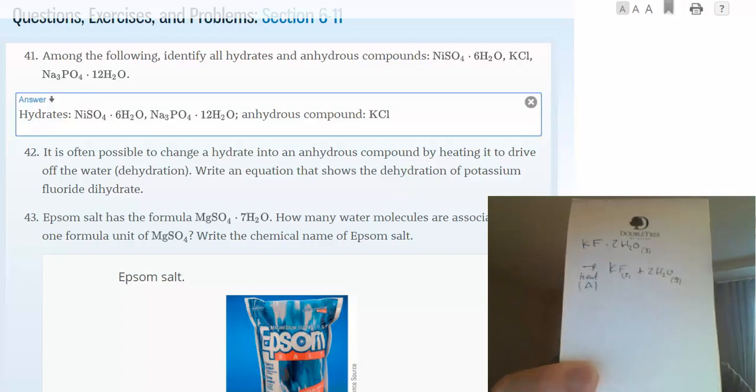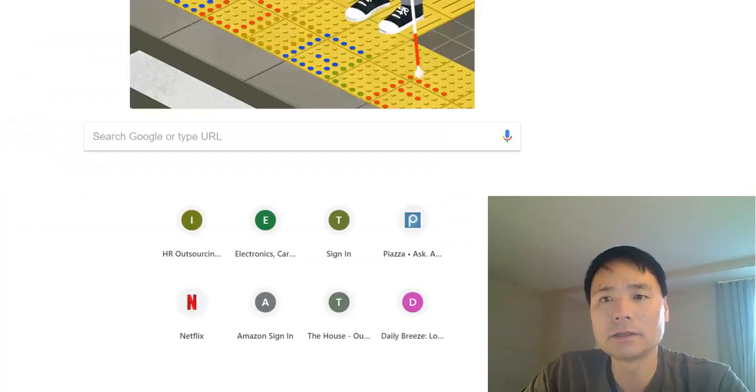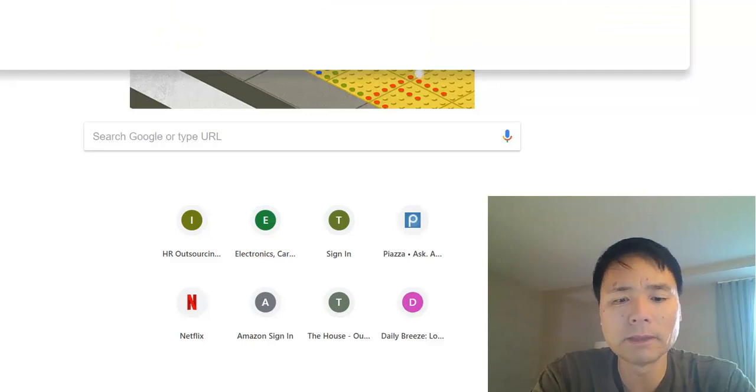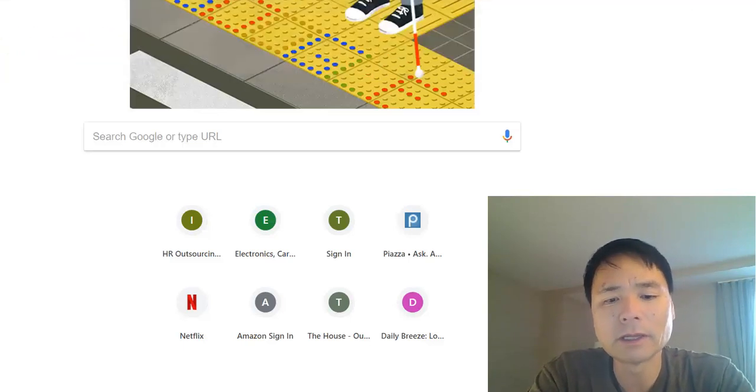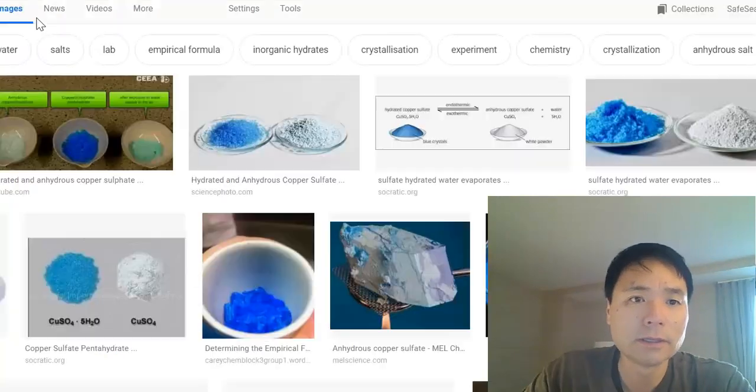And so you can see this, let's just take a look online here. For example, copper sulfate. We look at the hydrate and the anhydrous form of that. And let's take a look at some images of that.